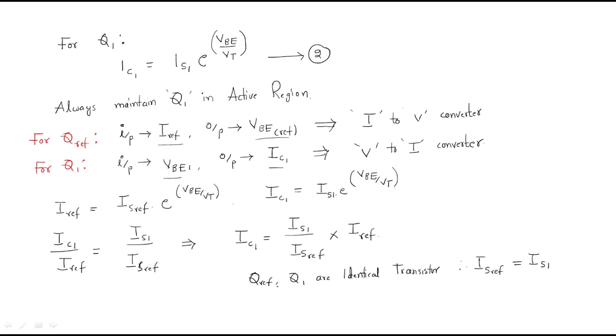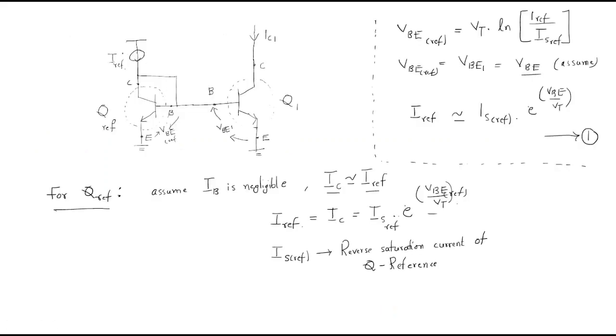Then finally the first transistor collector current and the reference current are both the same. That's why by controlling this reference current we can control the output current of transistor 1.